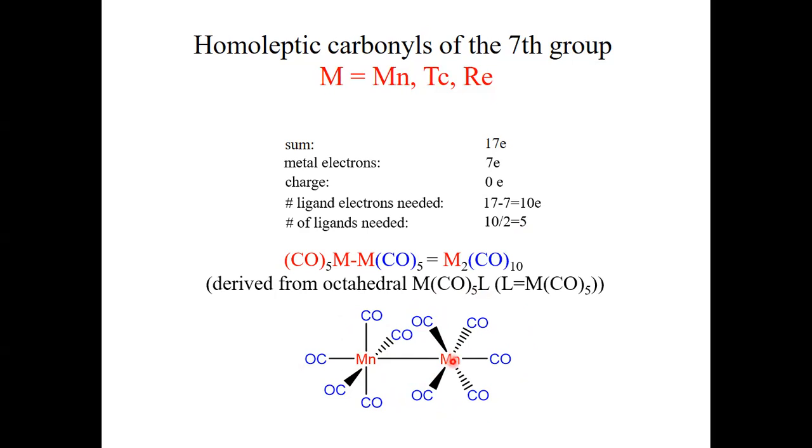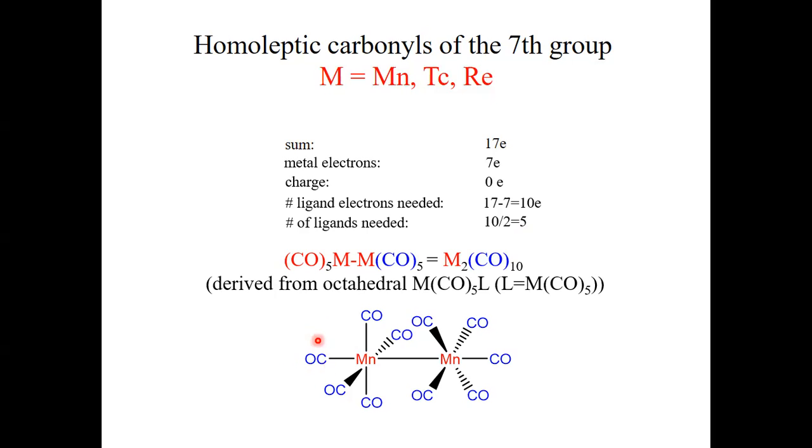So the other manganese is also coordinated in an octahedral way. Again, we have 5 CO ligands, and then the other carbonyl fragment is our 6th ligand. So that means that overall we have to distinguish between axial and equatorial ligands.